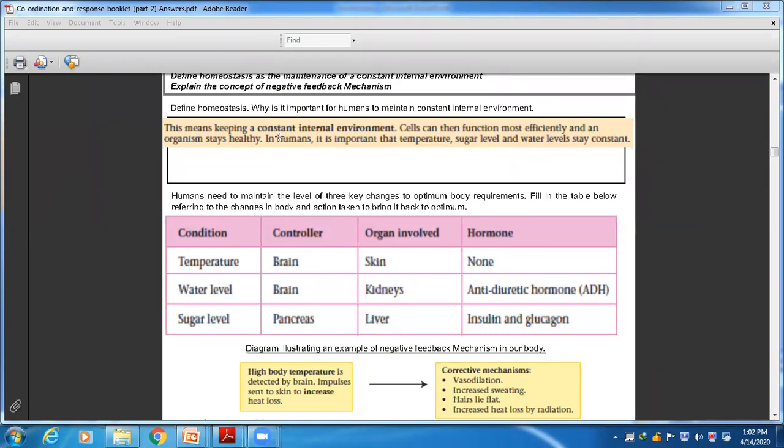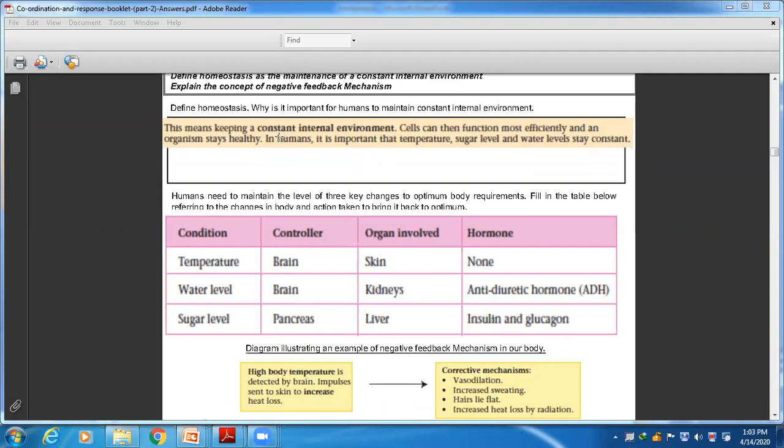If it is your temperature, your water level, or your sugar level in your body, these variables should be kept constant. Otherwise, that has an effect on your body. It means there should be a specific range in which they should stay. For example, the normal temperature for our body is 37 degrees Celsius. Now, if the temperature increases or decreases from that, your body will not function well.